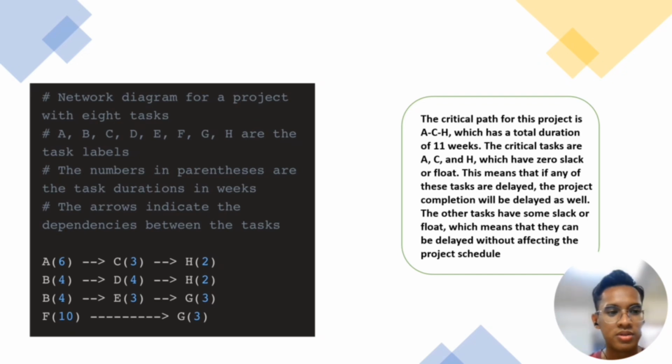So, starting with A until H will be the task label, and the numbers in parentheses are the task durations in weeks, and the arrows will indicate the dependencies between the tasks.